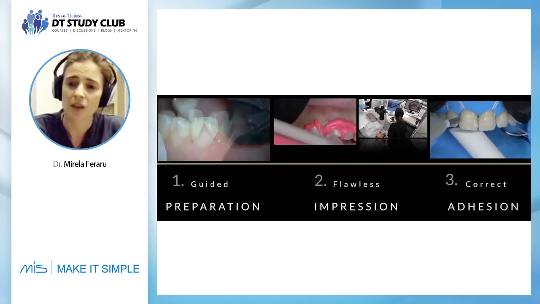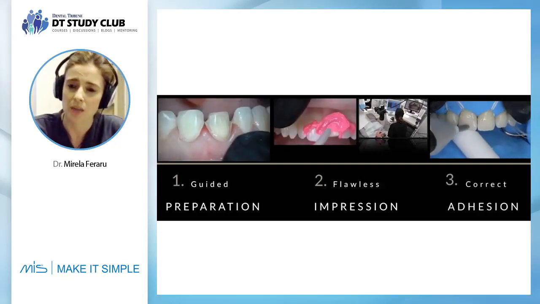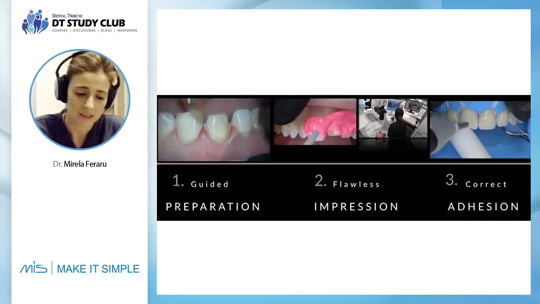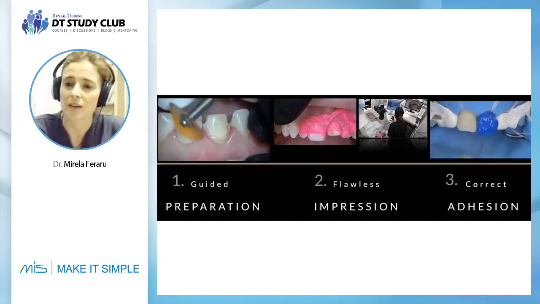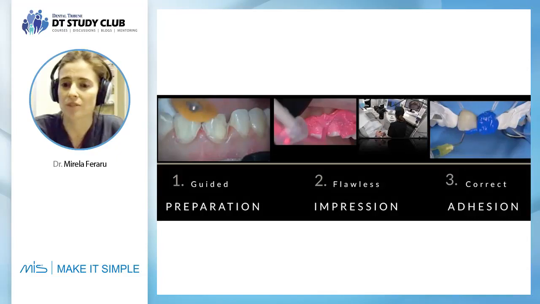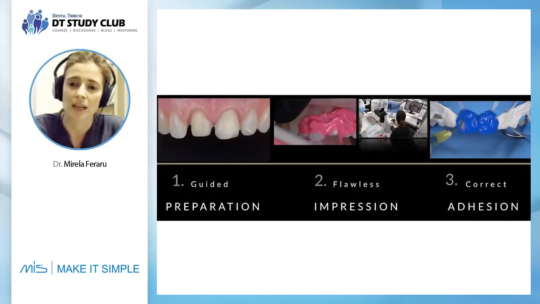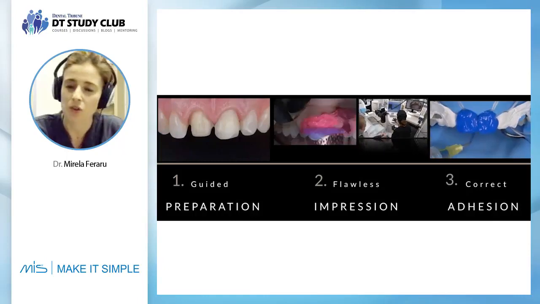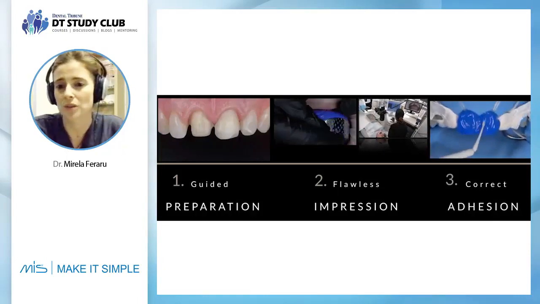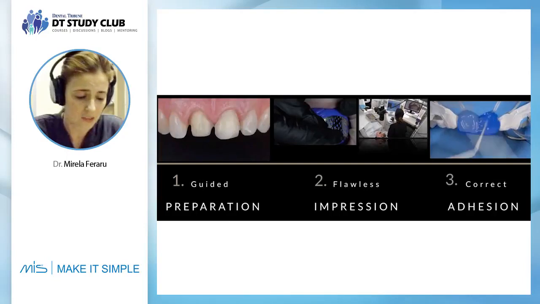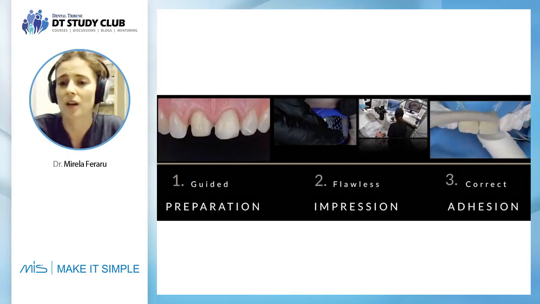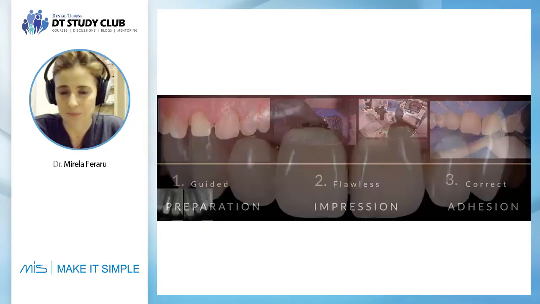And then, of course, following correct protocols when it comes to adhesion. And that depends, of course, on whether we have only enamel, a combination of enamel and dentin, or sometimes even composite restoration. And it concerns not only the conditioning of the tooth structure, but also of our ceramic restorations. So basically, we need to follow the protocols rigorously for each and every step.